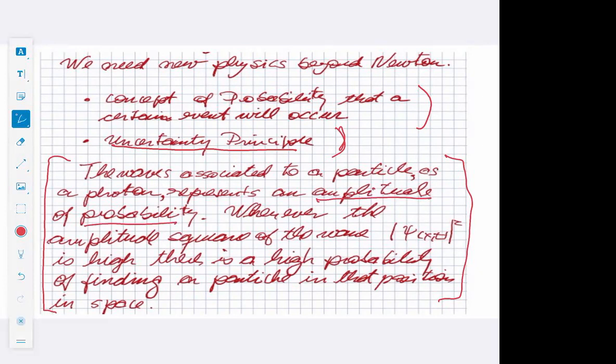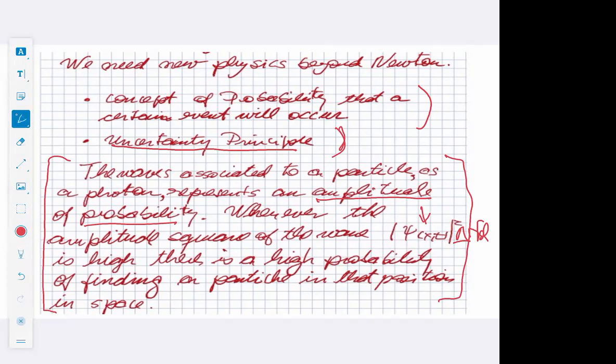Whenever you want to find the probability of finding a particle in a certain position, you take the wave function, that wave, and square it, and that will be the probability density. You actually have to multiply by a certain volume, delta volume, to know where the particle is. So this phi x squared is a probability. If the volume is larger, the probability of finding the particle there is larger.